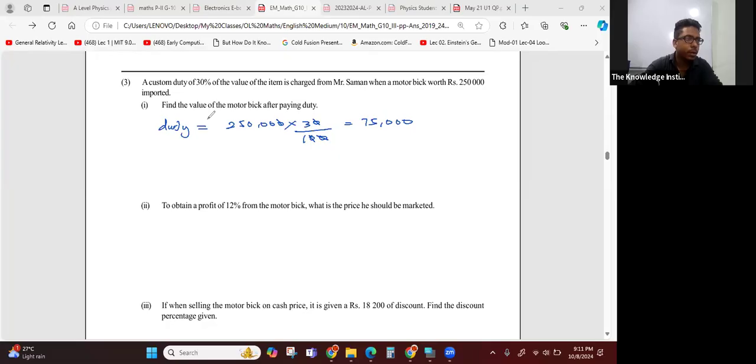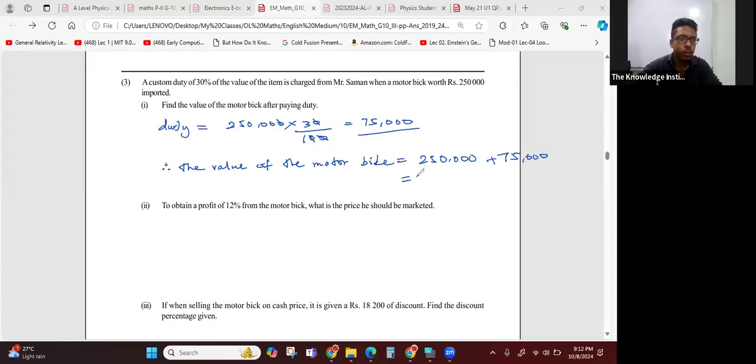Therefore, the value of the motorbike is equal to, initially he paid 250,000 to bring it from abroad, and then he has to pay a duty of 75,000.